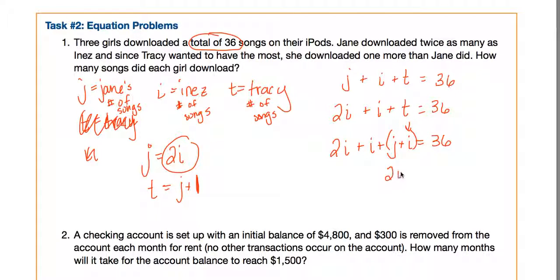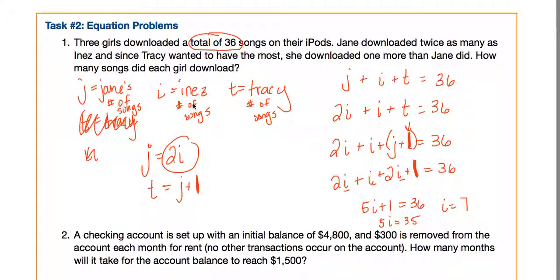Oh, no, that's not an I, I'm sorry. The J plus 1. One more than twice as many as Inez would be how many Tracy had. Now the process becomes a lot easier because now I have 3 I's that can go together, whereas up here nothing could. So I have 5I plus 1 equals 36. When I subtract 1 from both sides, I get 35, and I equals 7.